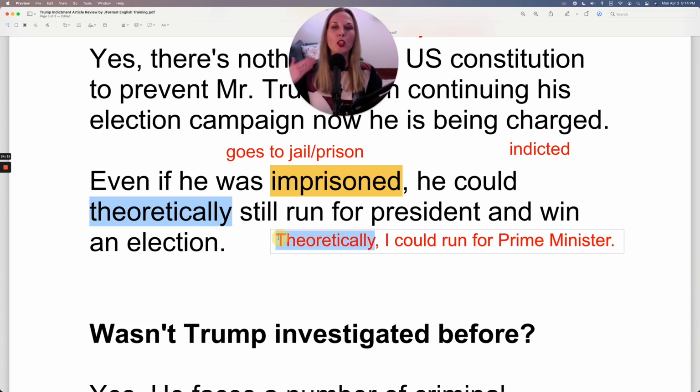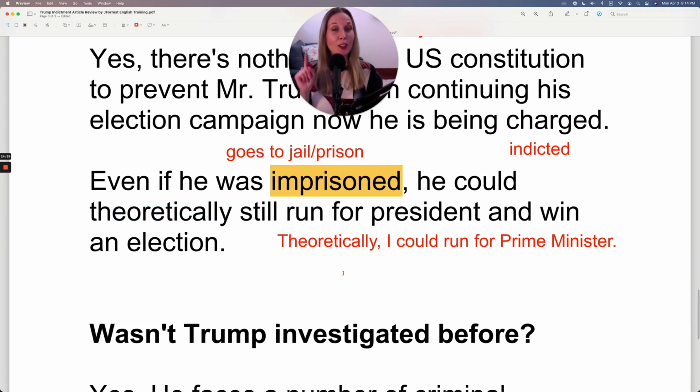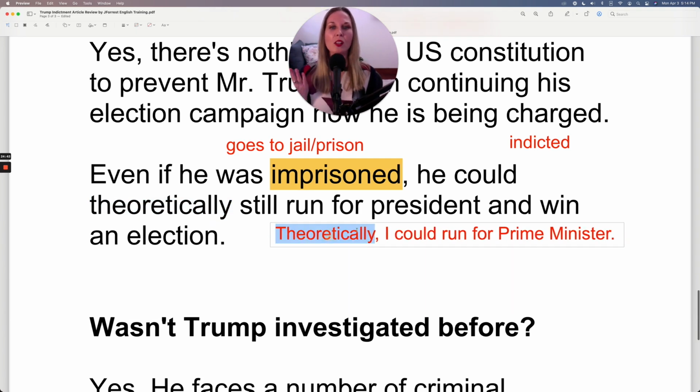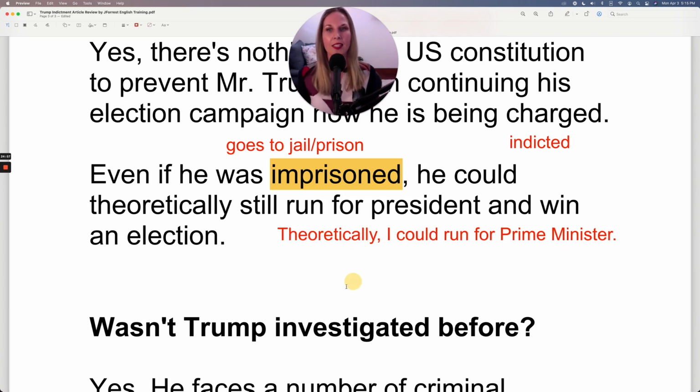So it's saying like the possibility exists. But am I going to do it? No. But theoretically, I could. So we use this a lot to suggest like it's a hypothetical situation. The possibility is there, but it doesn't mean I'm going to, or there's even any chance of it, even though the possibility is there.